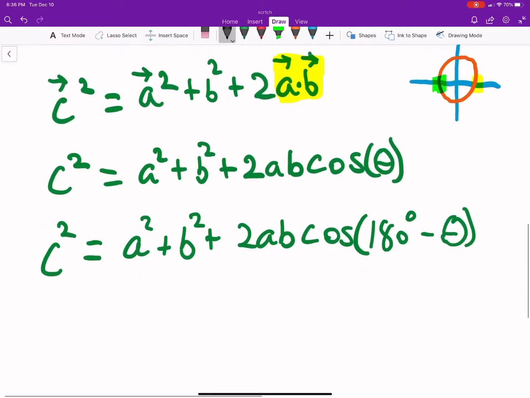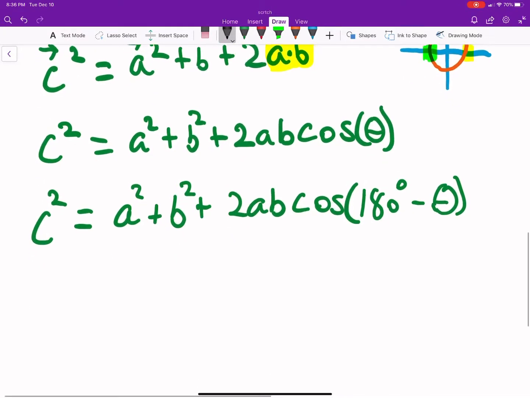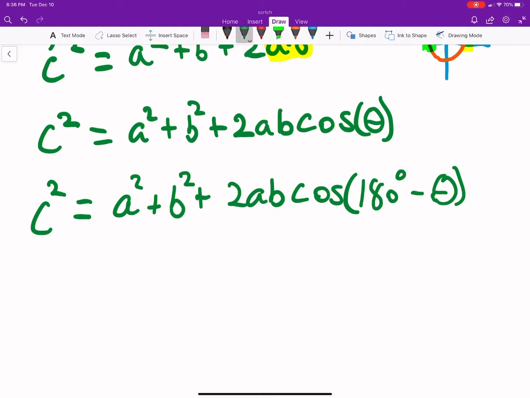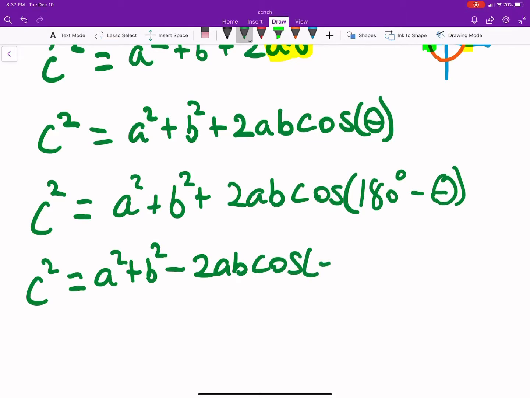So the 180 basically just changes the sign of our answer. So we could think of this as c squared equals a squared plus b squared minus 2ab cosine of negative theta.